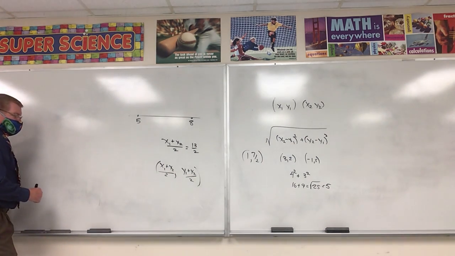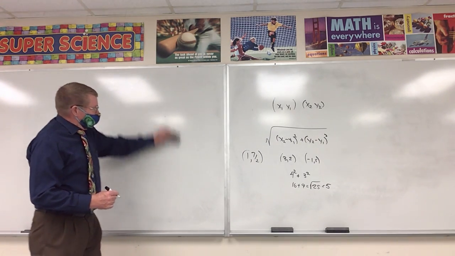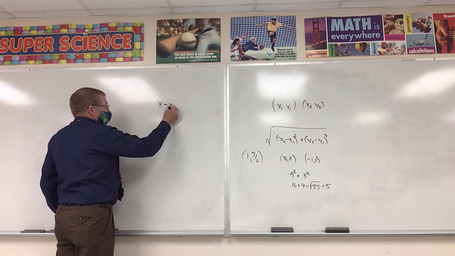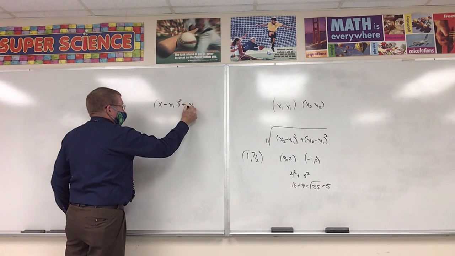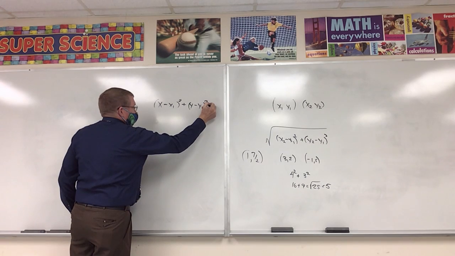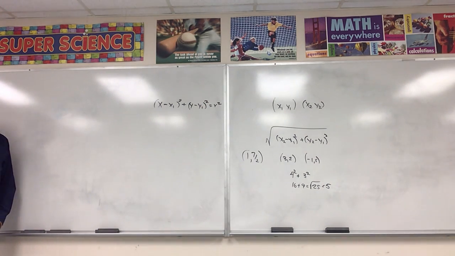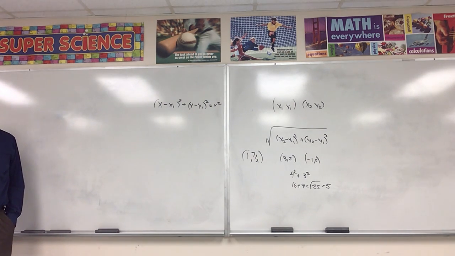Then lastly, equations of a circle. Looks like this. x minus x1 squared plus y minus y1 squared equals r squared.